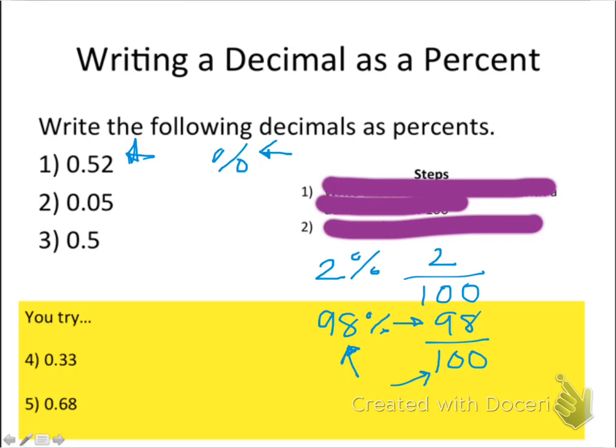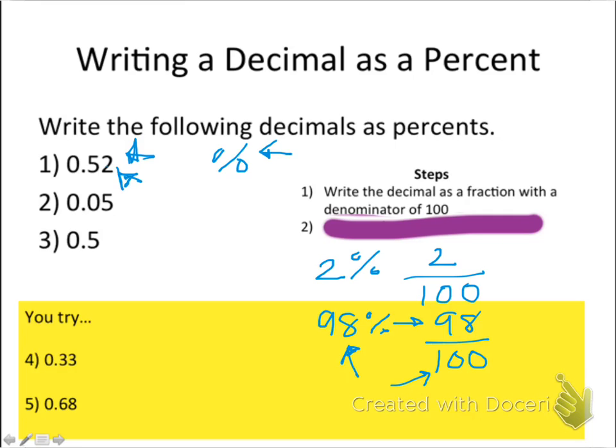Okay, so we need to write this number here as a percent, so something out of 100. Let's check what our first step is. Our first step is to write the decimal as a fraction with a denominator of 100. What that means for the first one, please write this down on your guided note. What that means is we have 52 out of 100.